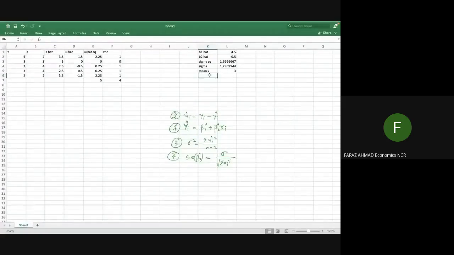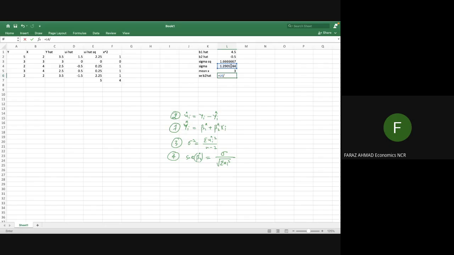Now we are all set to calculate standard error beta 2 hat, right? So what is the numerator? Sigma, which is this, divided by the square root of this sum, right? Press enter.